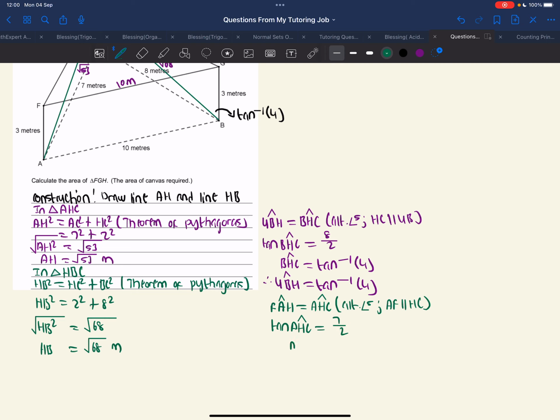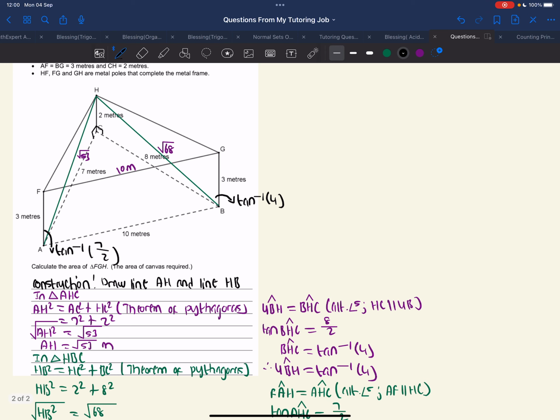So angle AHC is shift tan of 7 over 2. So now I know that that angle over there is tan inverse of 7 over 2.